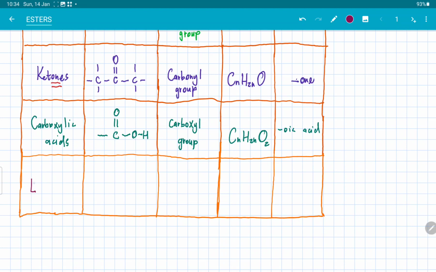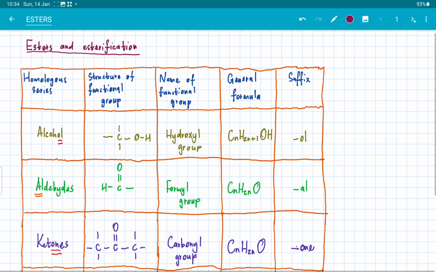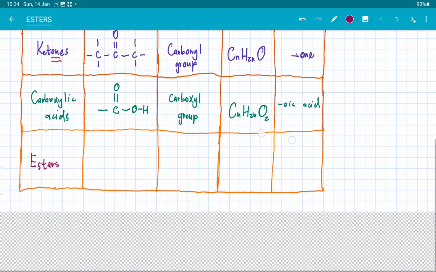Esters. So, the structure of their functional group looks like this.